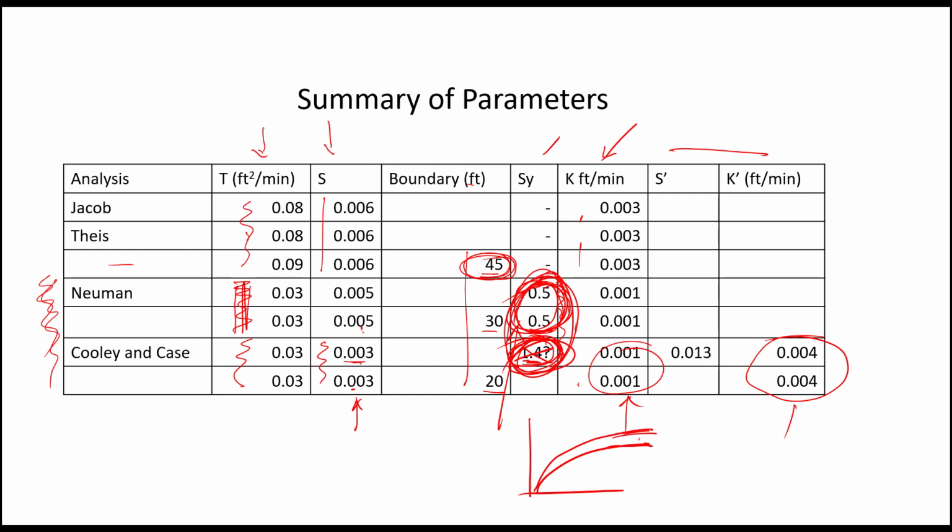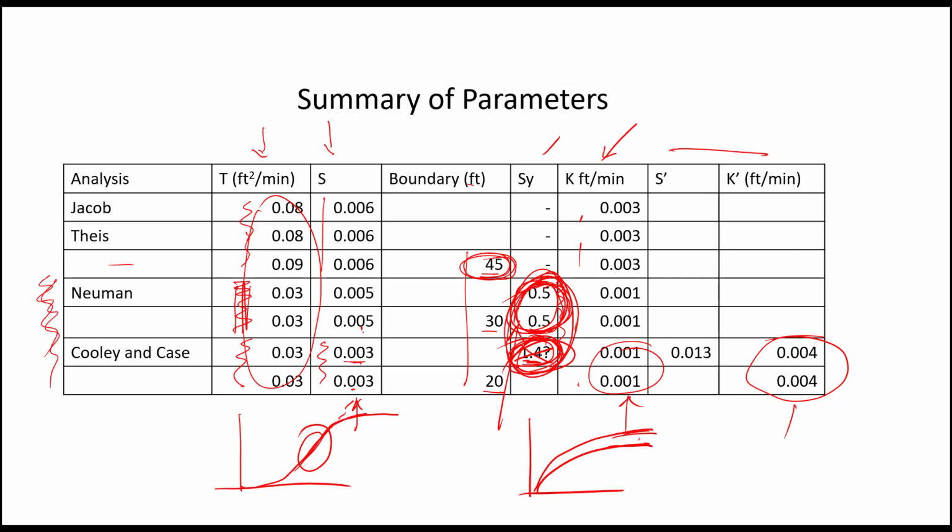So what I think all this is telling us is that when we have data that look like this in our test, this is giving a fairly consistent value for transmissivity and storativity, within a factor of 3, say.